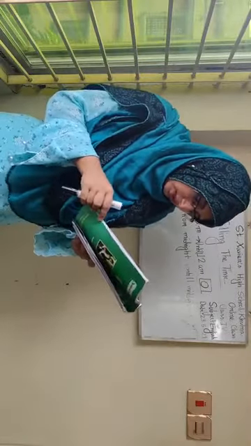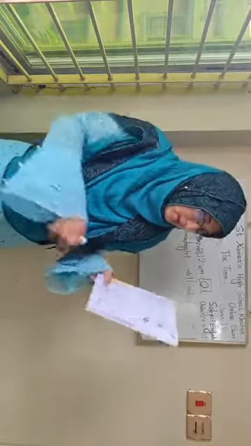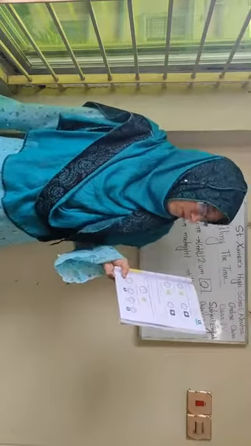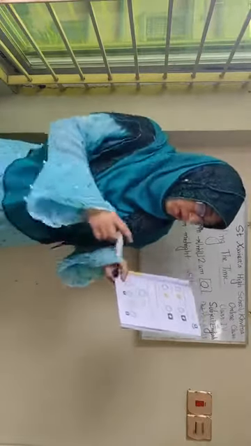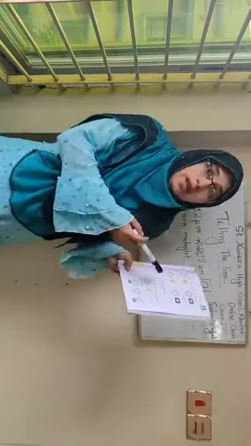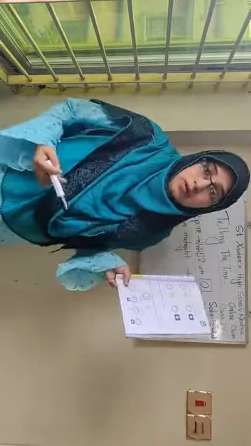Now my dear students, look at the clocks. Ask and answer the questions about the time. Here you can see several clocks, 1 2 3 4 5, and here we can see also sun and moon, and you have to tell the time here.